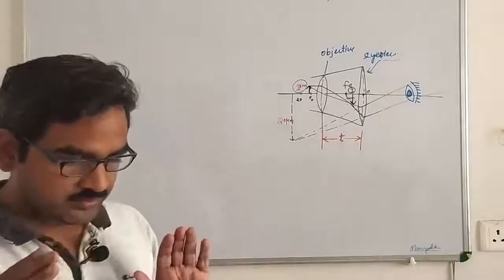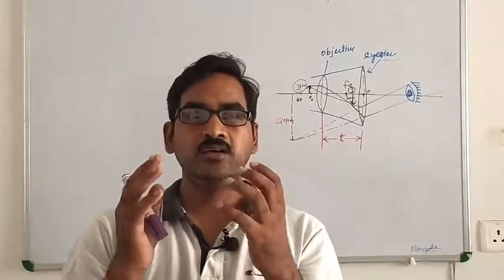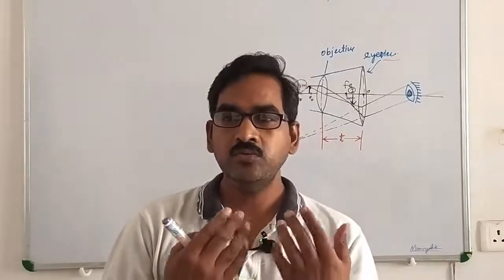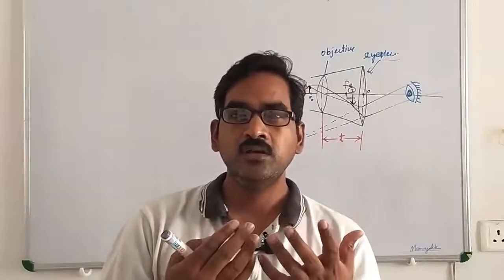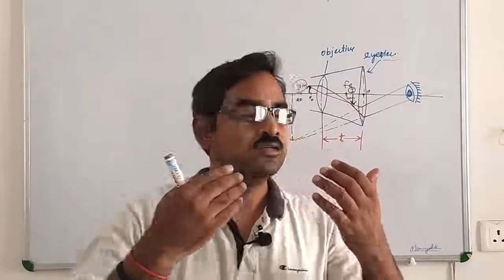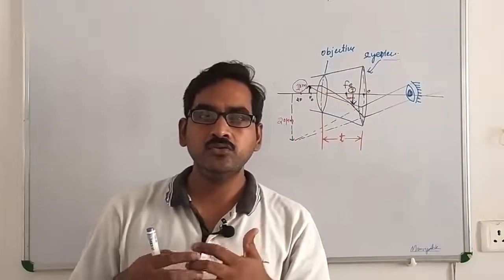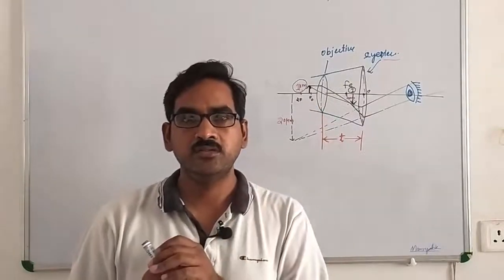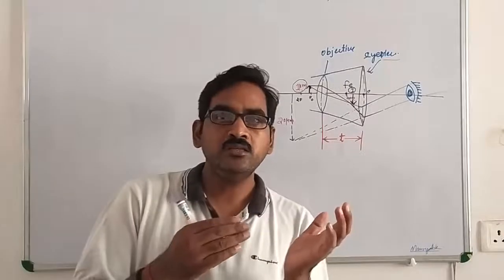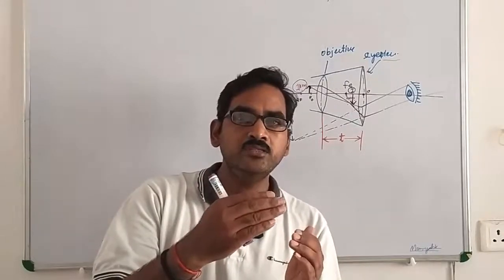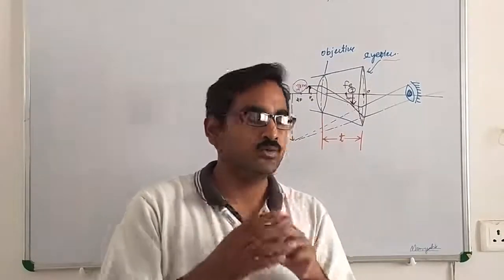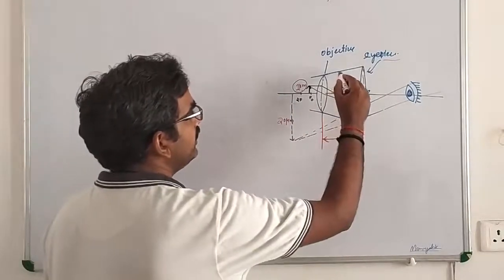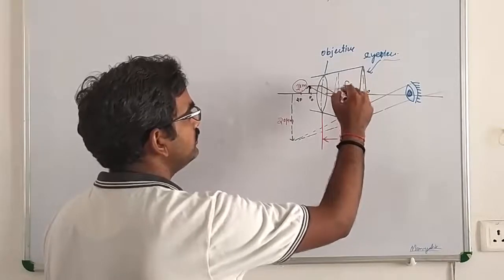But as a researcher, when you do research, you must see what other structures in the microscope can impart magnification. They may increase the magnification further manifold. In some microscopes there are lenses placed in between.